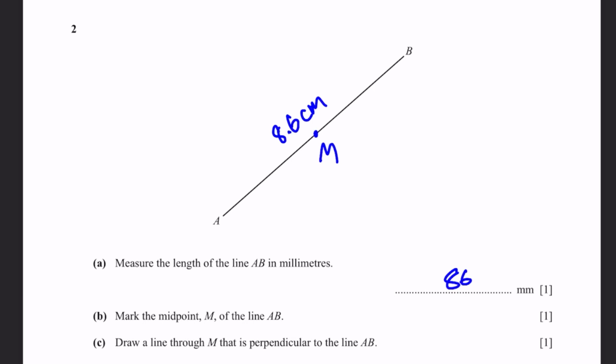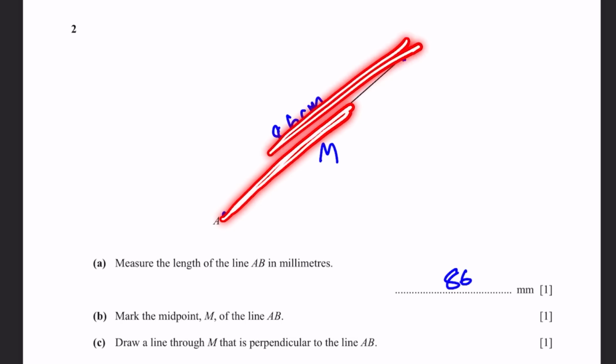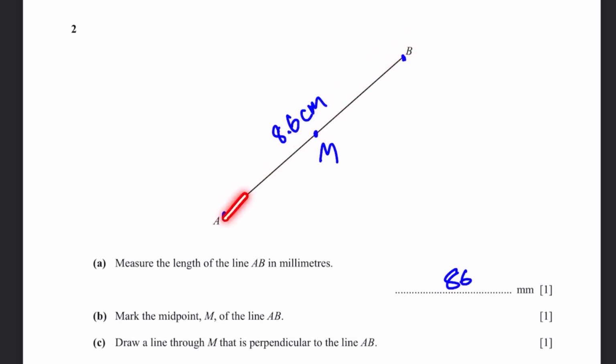C. Draw a line through M that's perpendicular to the line AB. Let's first mark the two points A and B. Now take your compass. Extend the compass so it extends more than half of the line length, so it should extend from the point A over the midpoint.